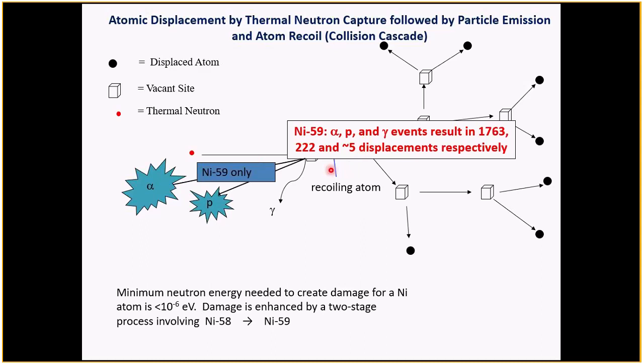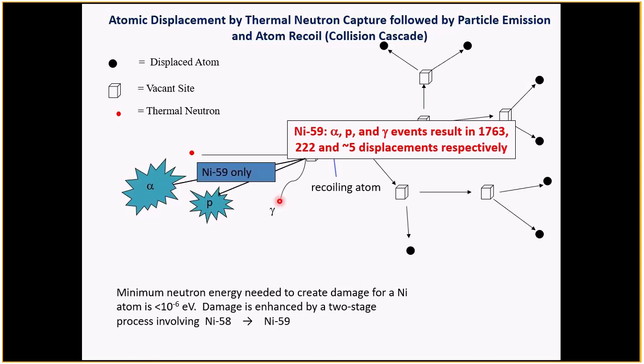In this case, the 5 is all for the recoil. In the other cases, there's a small fraction of this number which comes from the damage created by these particles. Most of these displacements occur because of the energy of the recoil, because an alpha particle is very much more massive than a proton, and very much more massive than a gamma, even though relativistically corrected.